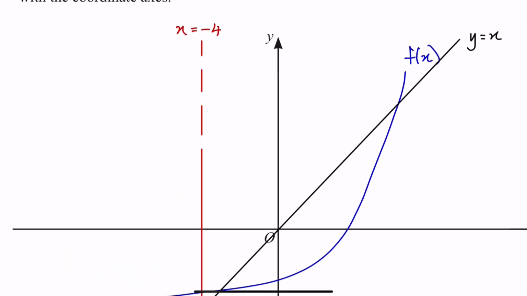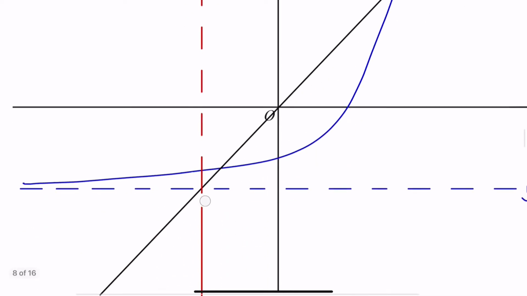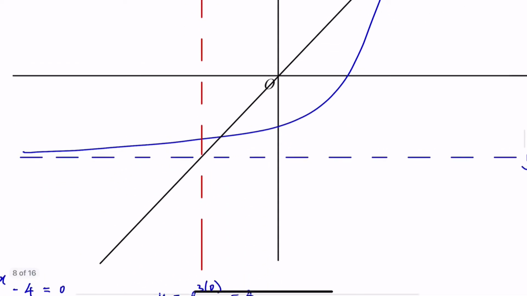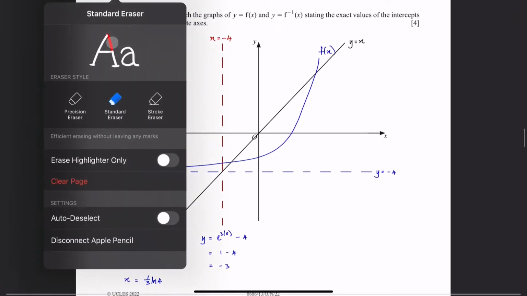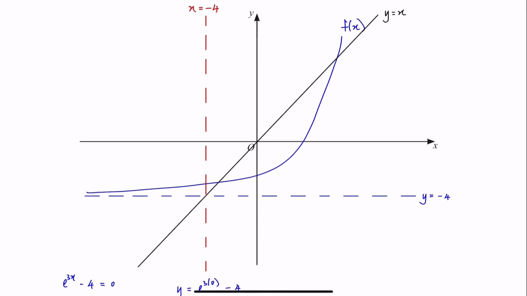So same thing, we make it dotted. Okay, now the f inverse graph looks something like, oops, sorry.